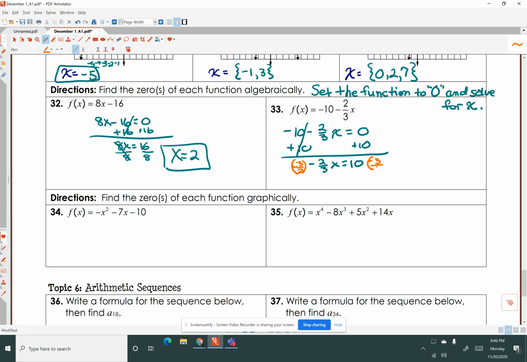So this cancels, and x equals, so 10 times 3 over 2, that's a negative. We cross cancel. So that would equal negative 15. And that's what x equals, negative 15.